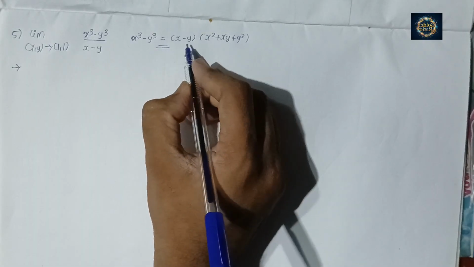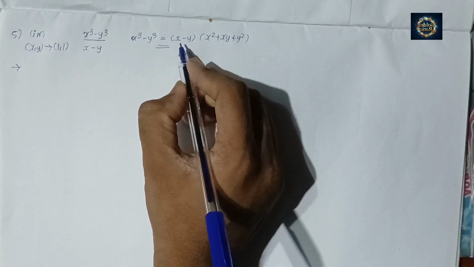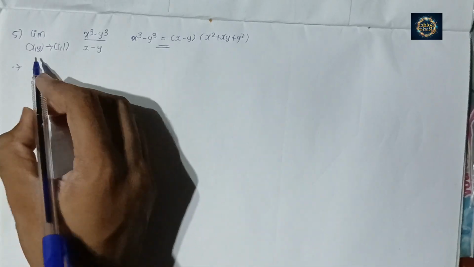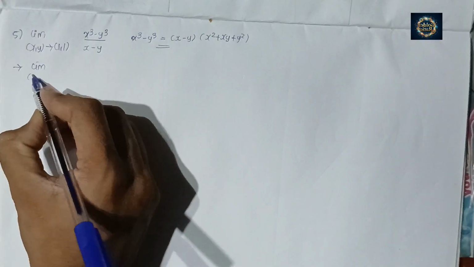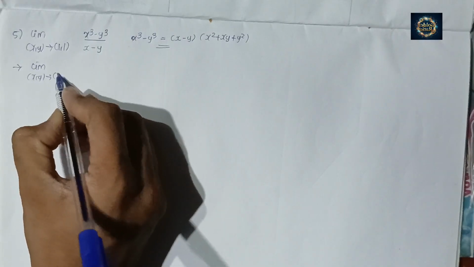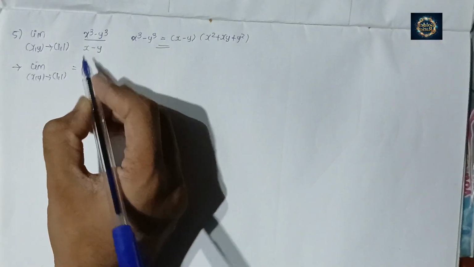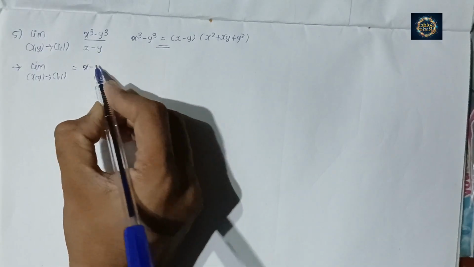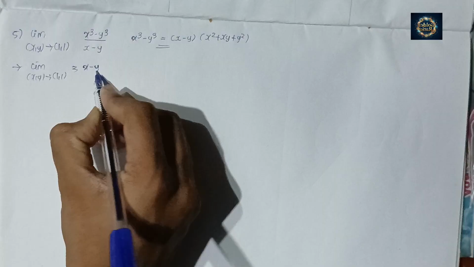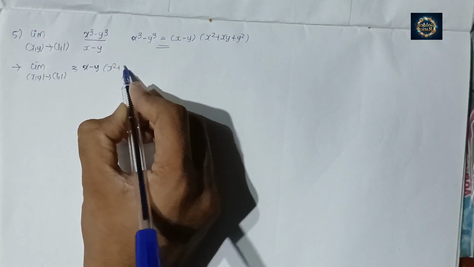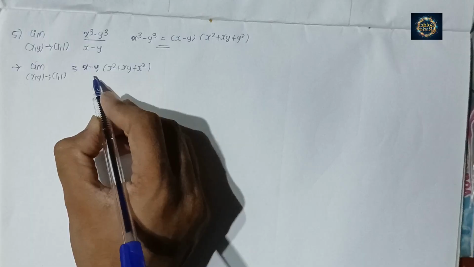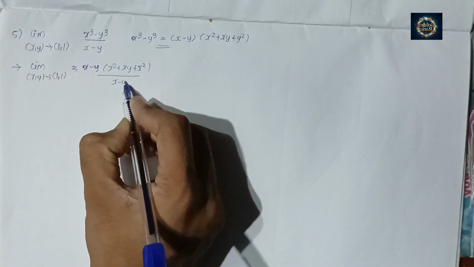So this is one of the formulas for x cube minus y cube. If I substitute this formula in the function, the x minus y in the numerator and the x minus y in the denominator cancel out. So I can write x minus y into x square plus xy plus y square, divided by x minus y.